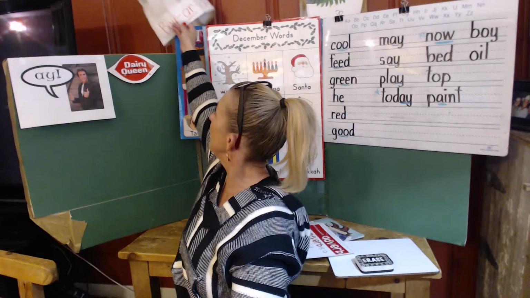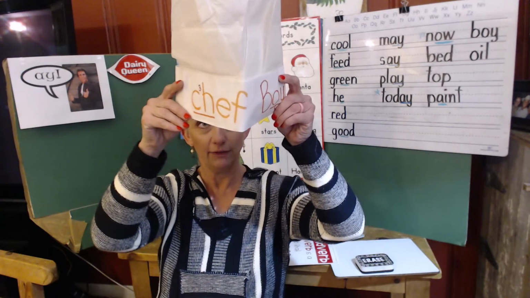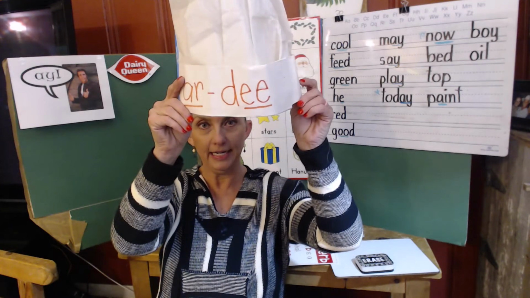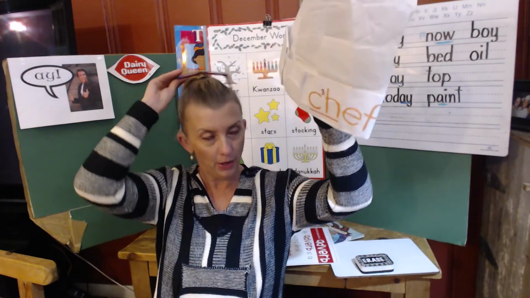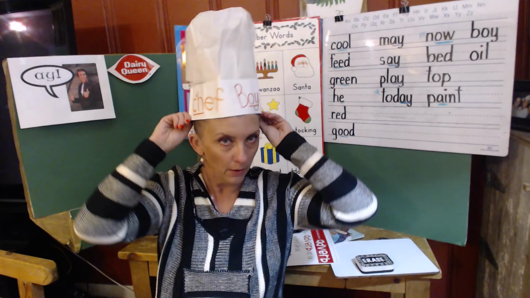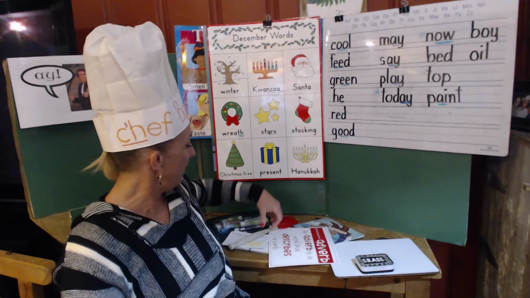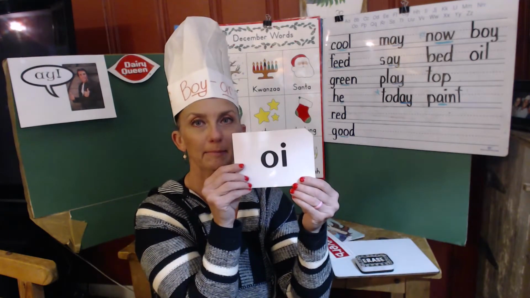Then yesterday we had our first Oi with Chef Boyardee, who makes lovely SpaghettiOs. So that's our first Oi boy, spelled with O-Y. And now today we have a new one, and it says Oi as well.